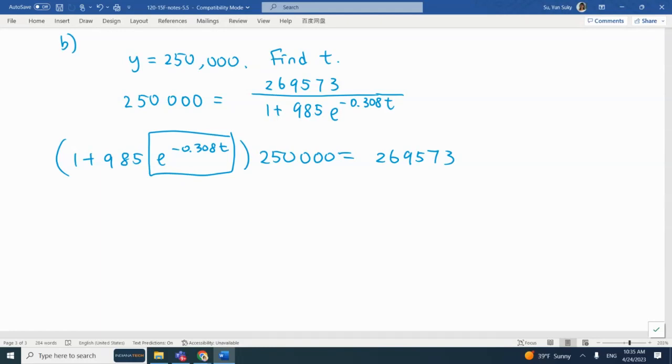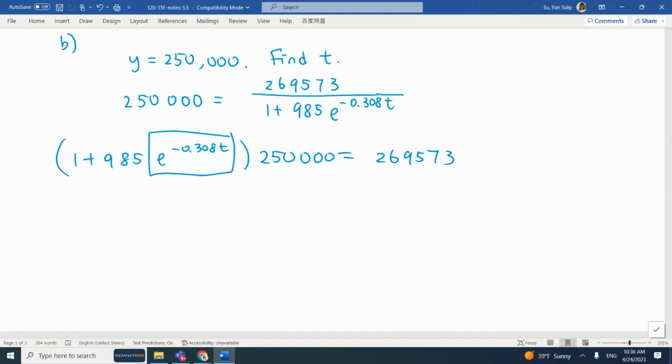But what do you do first? Divide. Right? Because it's this whole thing multiplied by that. So we first divide by this on both sides. Is that okay? Yeah, because you want to get rid of this, right?